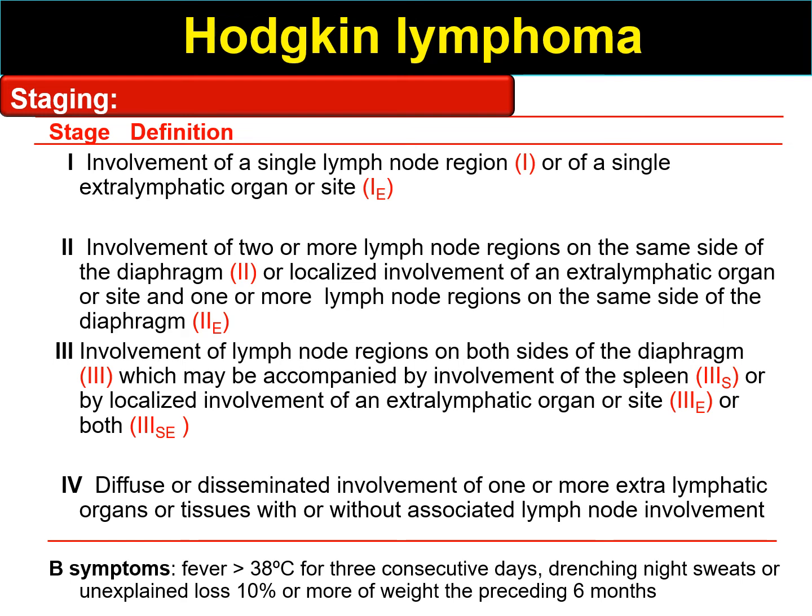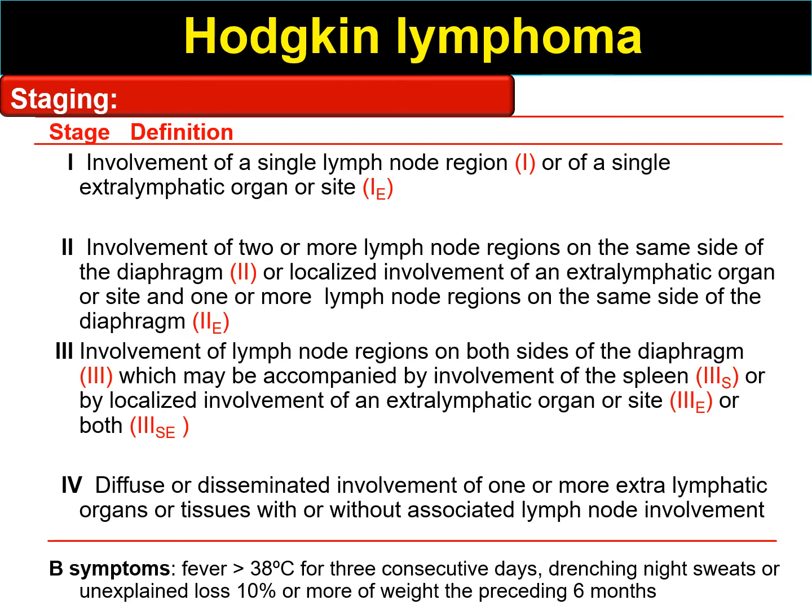When 2 or more lymph node groups are affected, it is termed as stage 2, and when an extralymphatic organ or site and 1 or more lymph nodes are affected, and these are present on one side of the diaphragm, it is 2E. It is stage 3 when it is affecting both sides of the diaphragm, and when affecting spleen, it is termed as 3S.